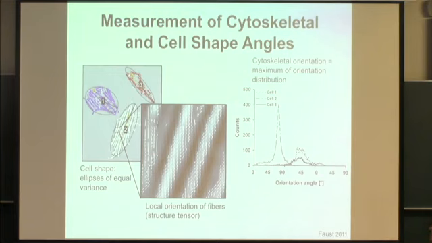Again we have a thresholding, and we calculate the second moments of that structure. We use the ellipse with the same second moments, and that again has a direction of its major half-axis, and that's for us the direction of the cell body or the cell shape.